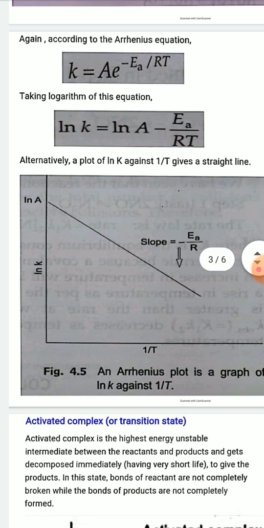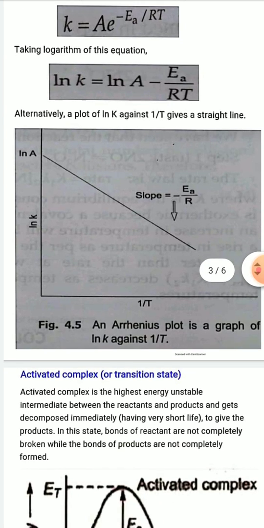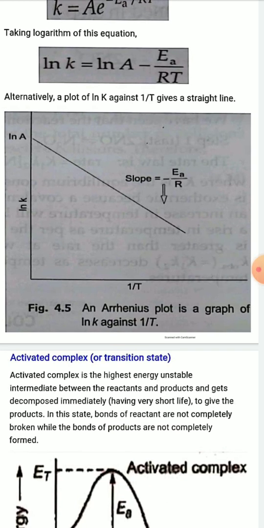Now you have to plot ln K versus 1 by T. You will see a straight line with negative slope. This is an Arrhenius plot.